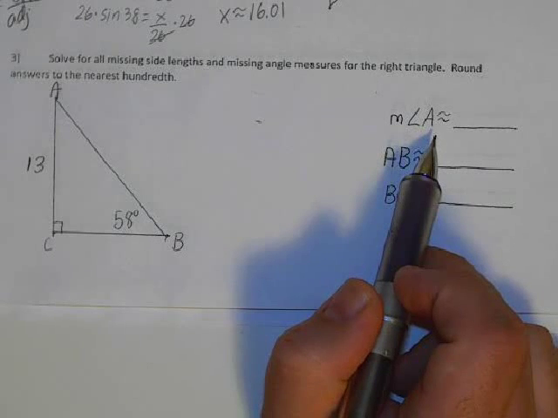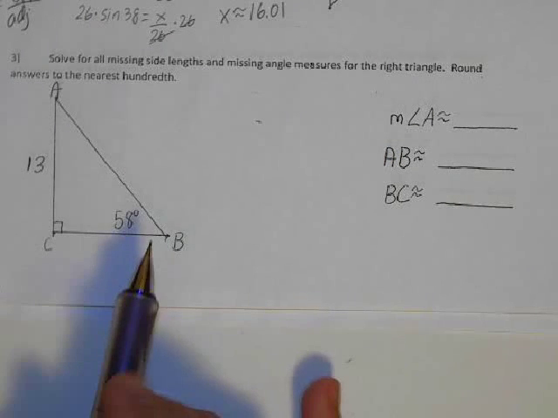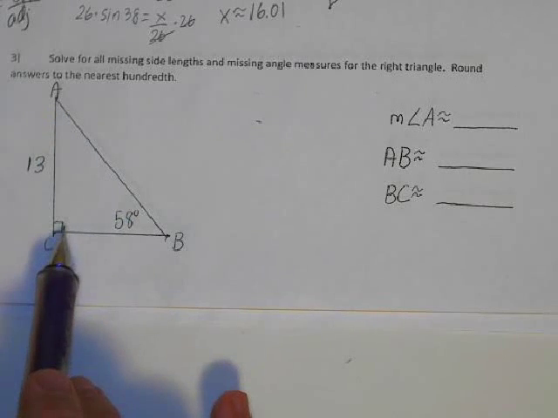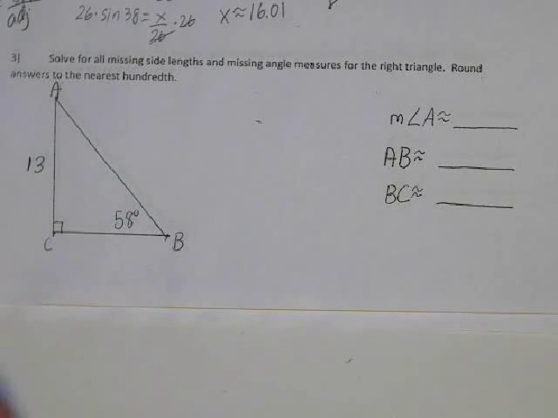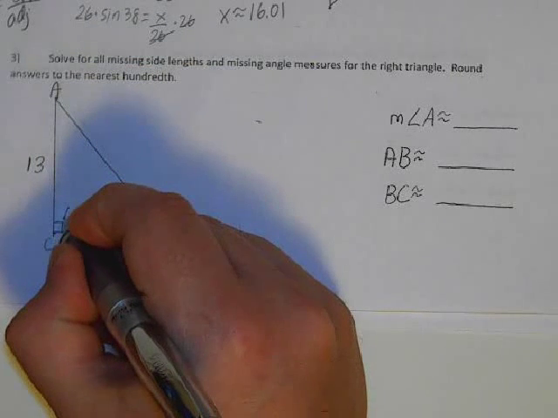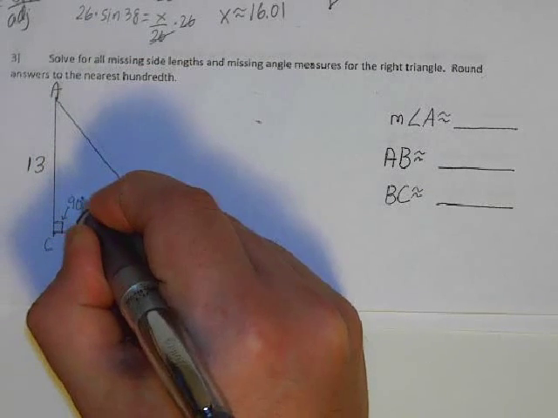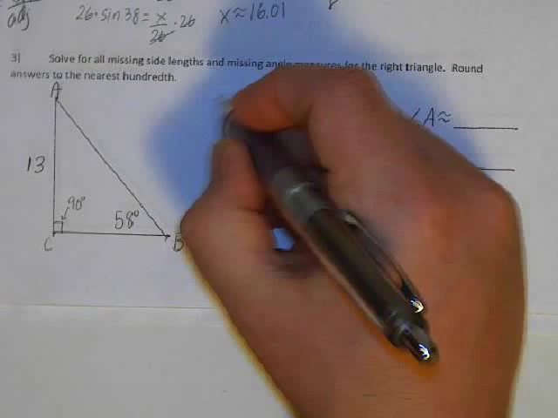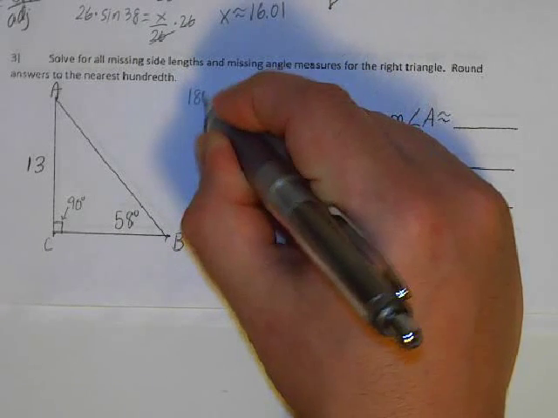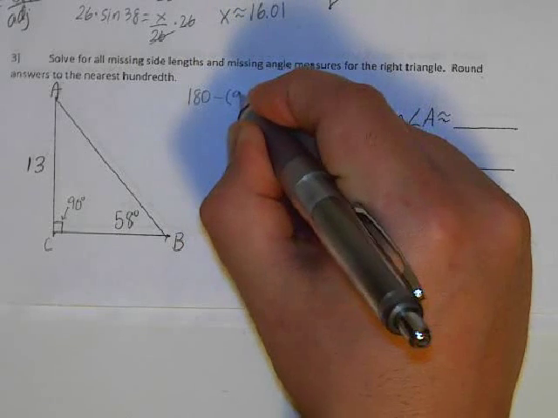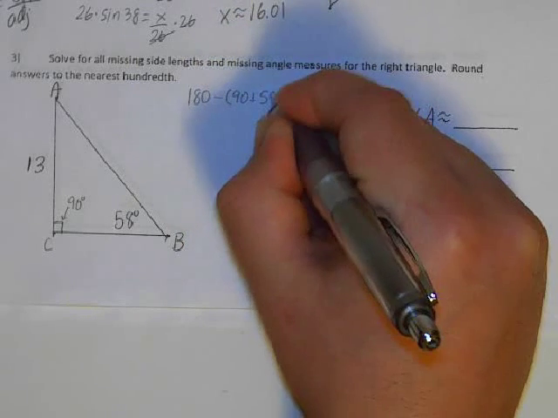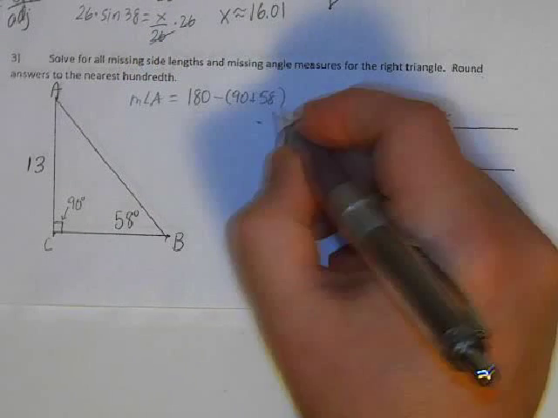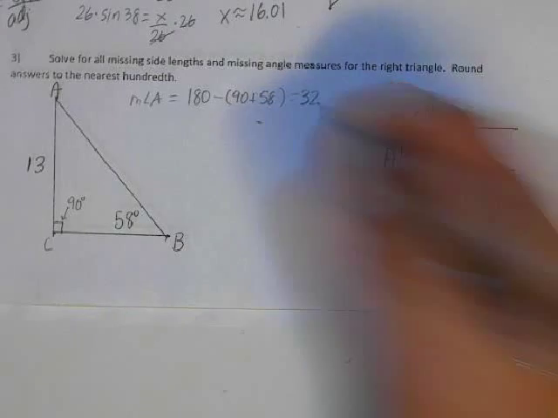Let's first start with the easiest, angle A. If you remember from geometry the triangle sum conjecture, the sum of the measures of the three angles in any triangle is 180 degrees. Remember that this little symbol means that that is a 90-degree angle. So if I take 180 degrees and subtract the two angles I know, that will give me the measure of angle A, and we get 32 degrees.